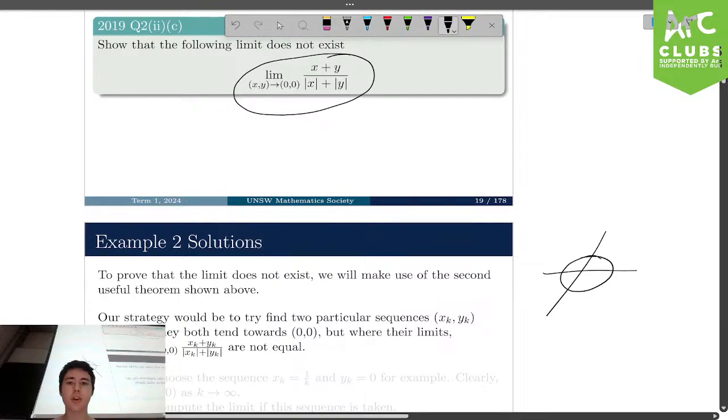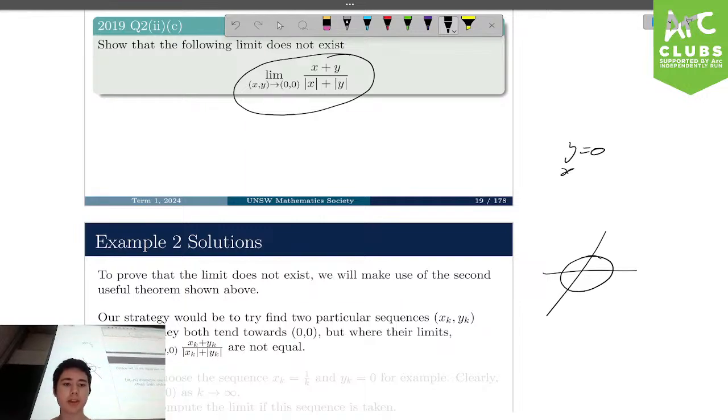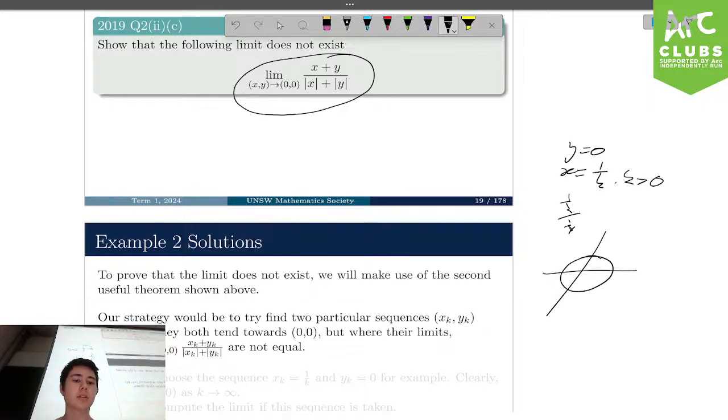Well, if I approach it from the perspective of, let's say, y equals 0, x equals 1 on k, k being greater than 0, that tells me the function becomes (1 on k) over (1 on k), which is just 1 for k greater than 0. So going from this side, I have an elevation of 1, as I go close to that point, which would give me a limit of 1.